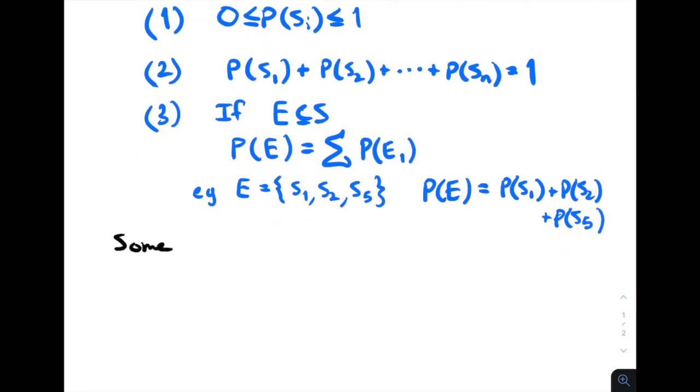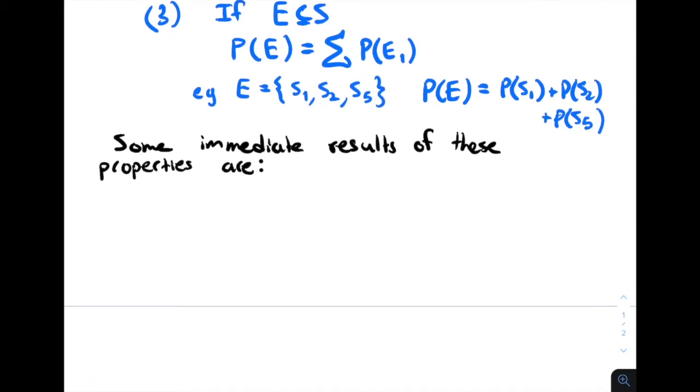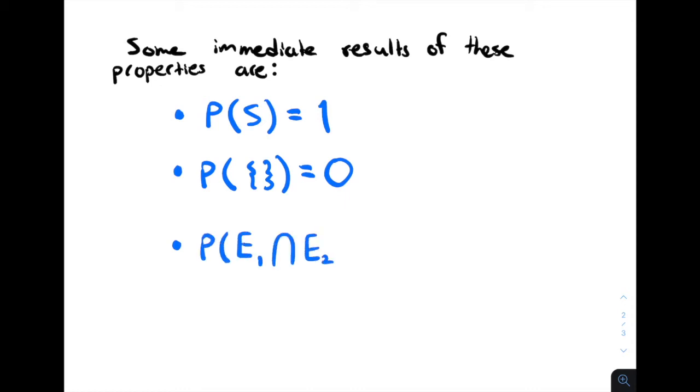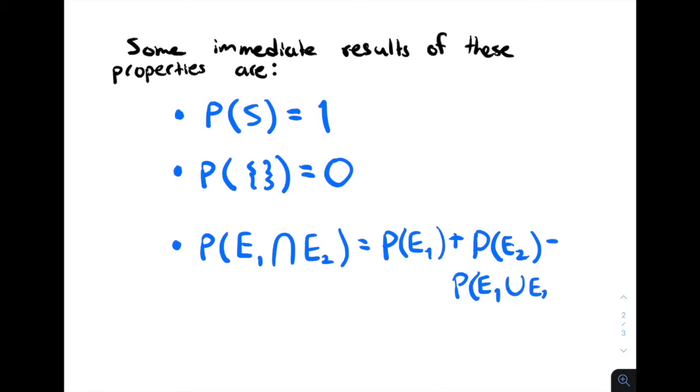Some immediate results of these properties are that the probability of the entire set is 1, that the probability of the empty set is 0, the probability of the union of two sets is equal to the probability of the first event plus the probability of the second event minus the probability of the intersection of the two sets.